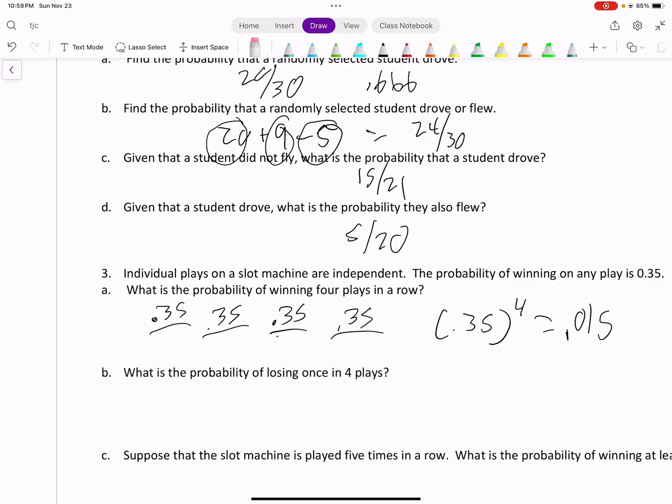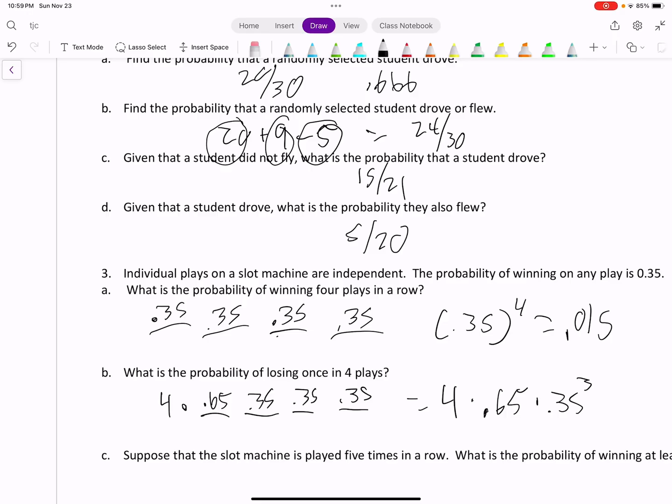Okay, so that means it's 4 times the probability of losing once, which is 0.65, times winning the other 3. So it equals 4 times 0.65 times 0.35 to the third.